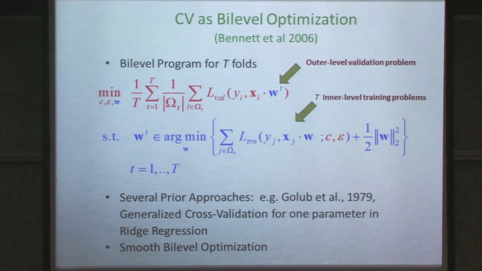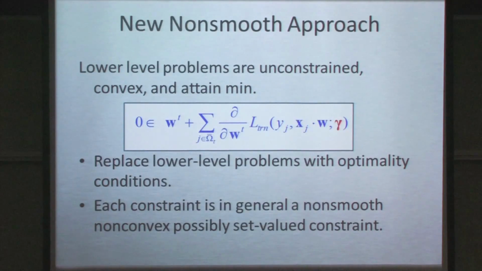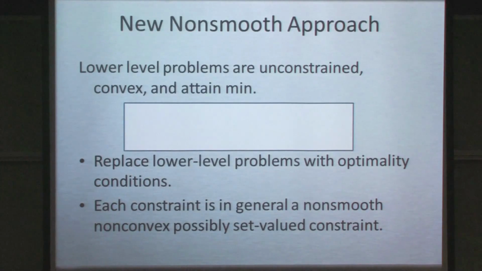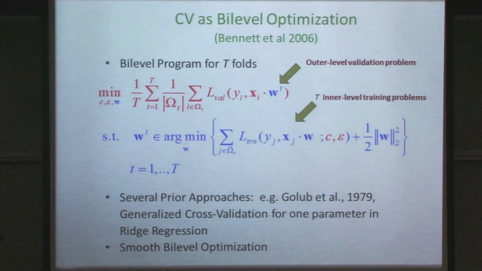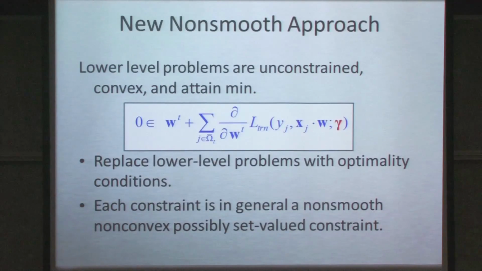So up here, you say, I would like the weights of my support vector machines that are optimal for a fixed set of parameters C and epsilon, for a fixed choice. And I'd like to pick those so that the validation or testing set error is optimized. So really what you're solving in every support vector machine paper that does grid search is this problem.